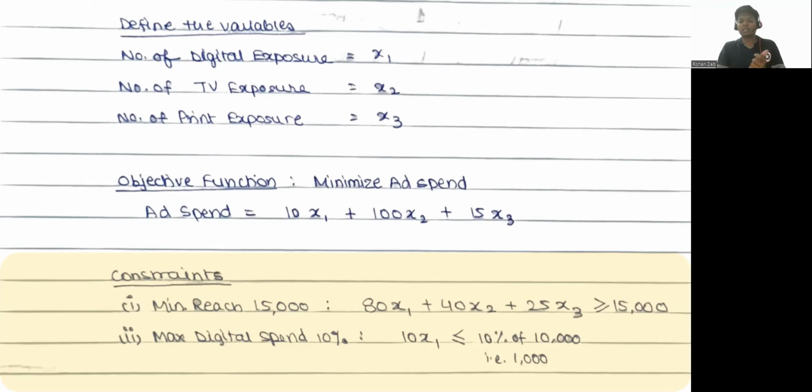So 80x1 plus 40x2 plus 25x3 should be more than or equal to 15,000. This symbol of more than or equal to is very important because that will be something that we'll have to input in TORA or solver. And the third and final constraint is that maximum digital spend should not exceed 10% of the total ad spends. So total budget is 10,000, and 10% of that, so 1,000 should be the digital expenditure.